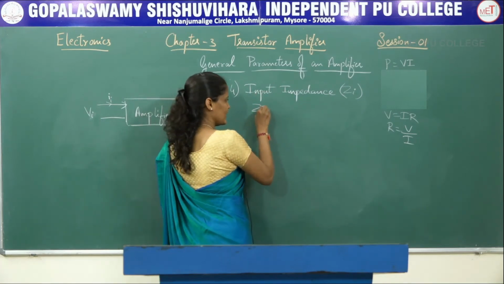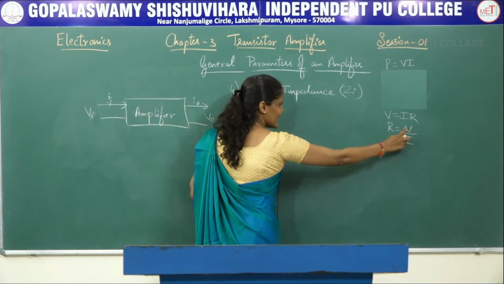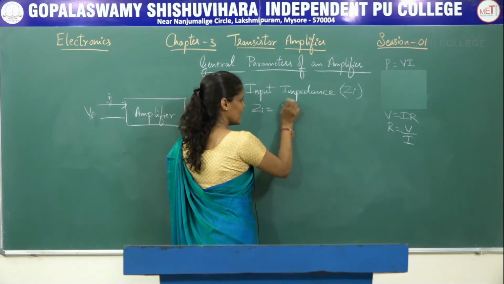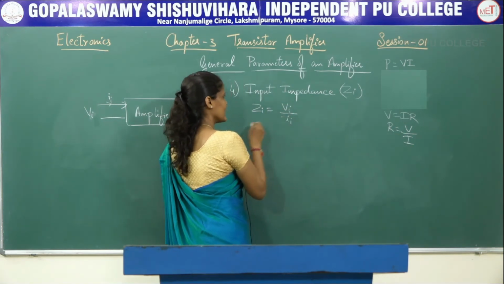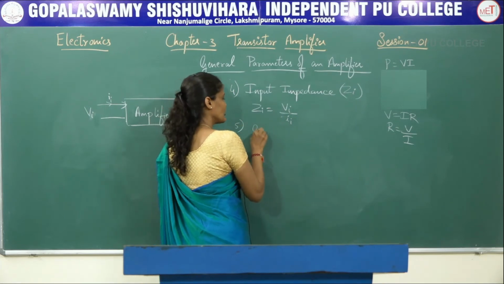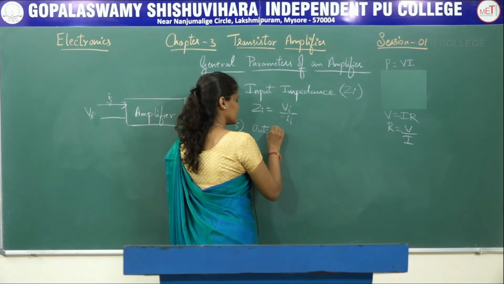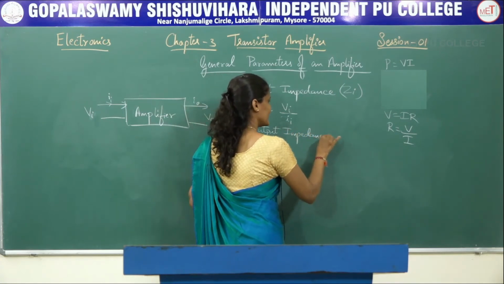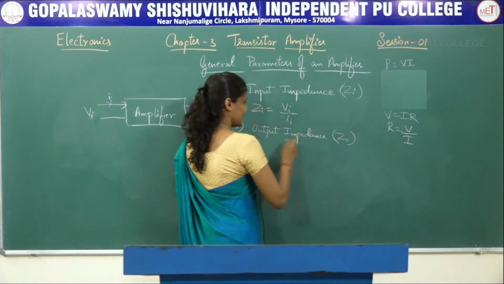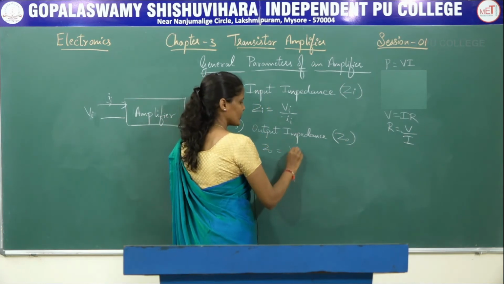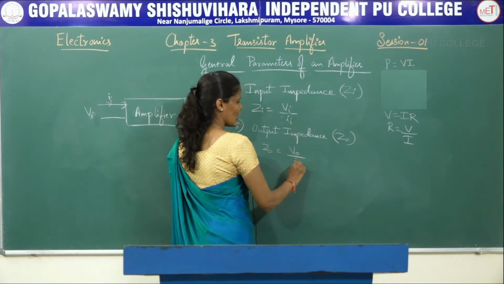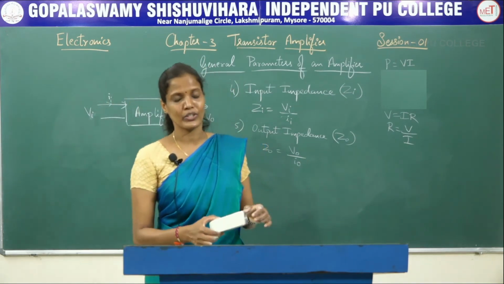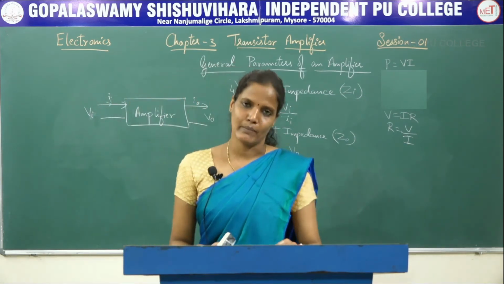So, Zi will be equal to the input voltage by the input current, Vi by Ii. Similarly, output impedance, which will be denoted by Zo, is given by output voltage divided by output current. So, these are some of the definitions that we are going to see in the transistor amplifier circuit.